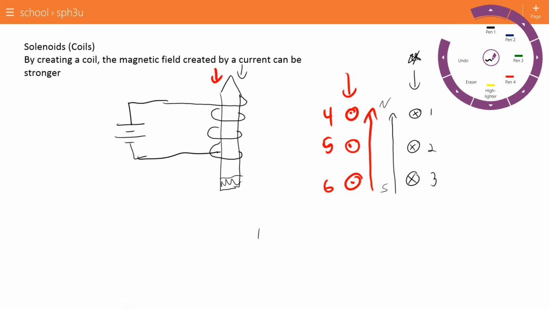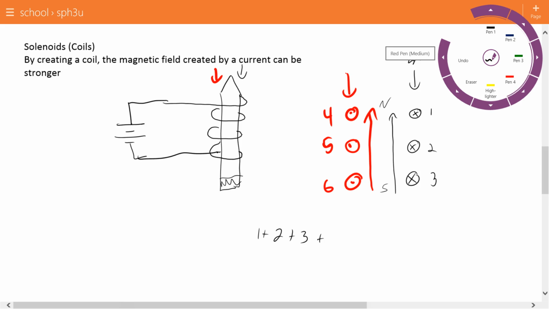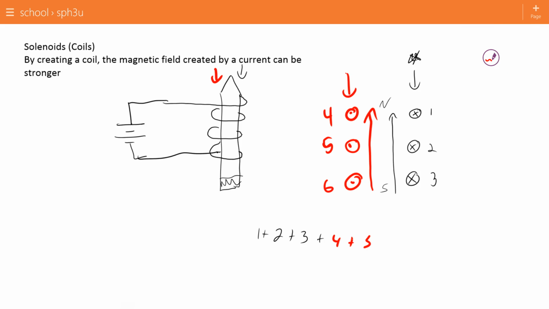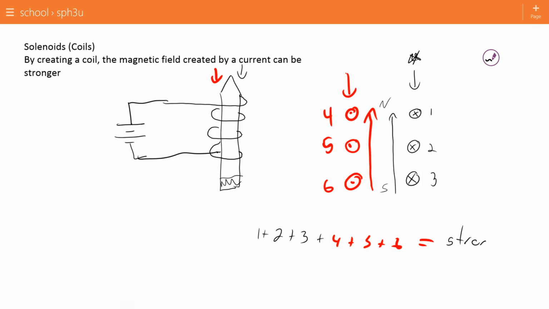So 1 plus 2 plus 3 plus 4 plus 5 plus 6 will all work together to make a strong magnetic field.